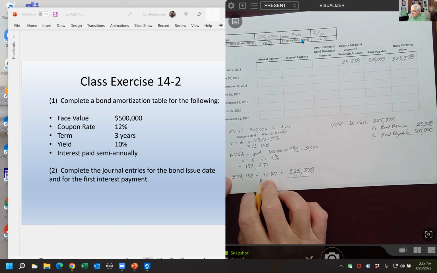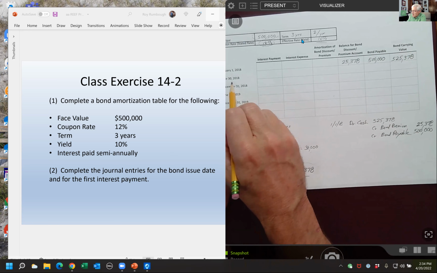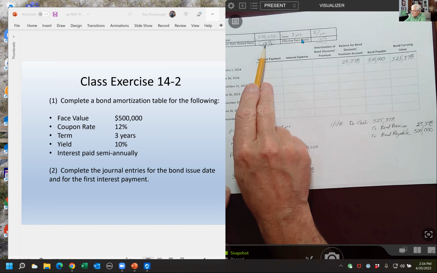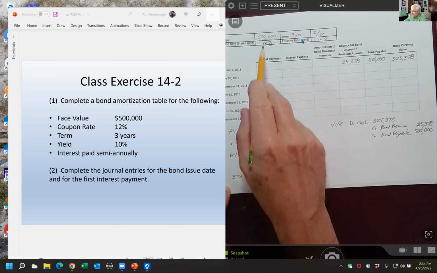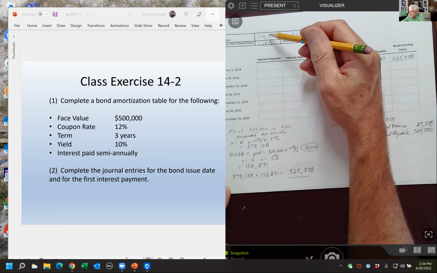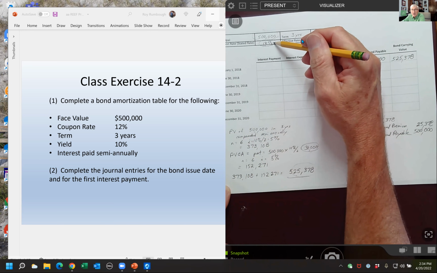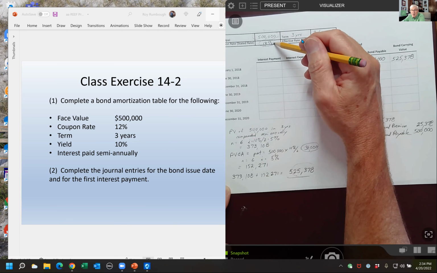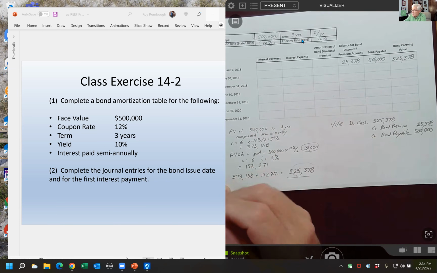Okay, let's go calculate the interest expense for the first 6 months. We know the interest payment, that's going to be 6% of the 500,000. So the payment of interest is always based on the coupon rate times the face value. In this case, coupon rate divided by 2, because they're paying that twice a year.